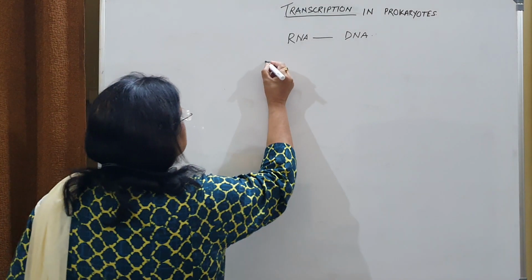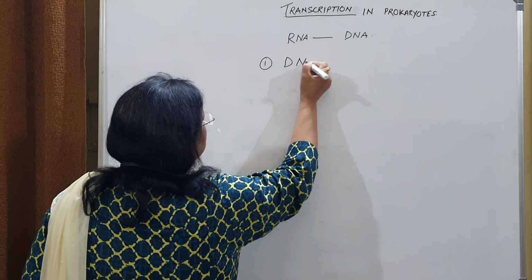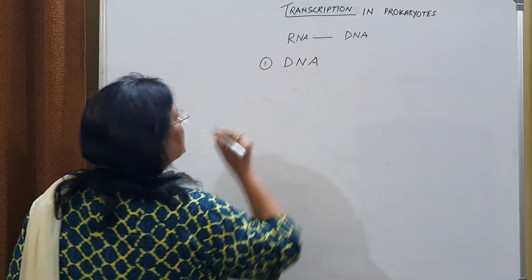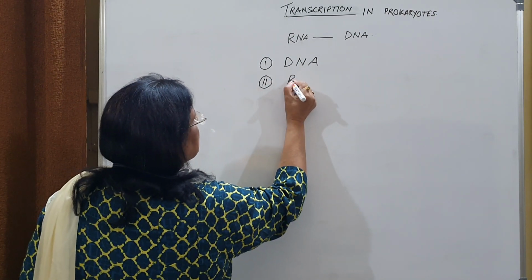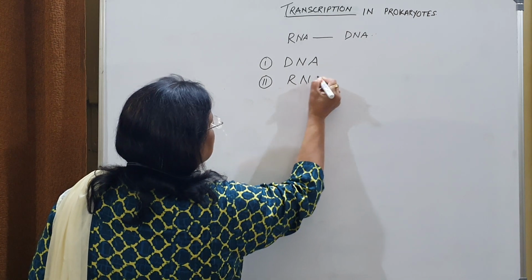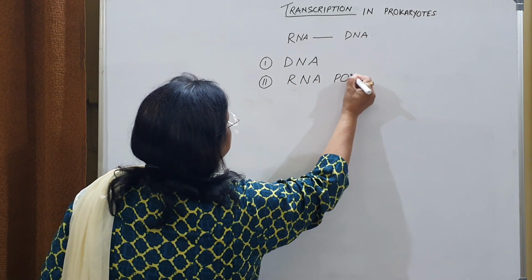The first, as we told, is DNA. I told you earlier it is a template. Second is an enzyme which is known as RNA polymerase.